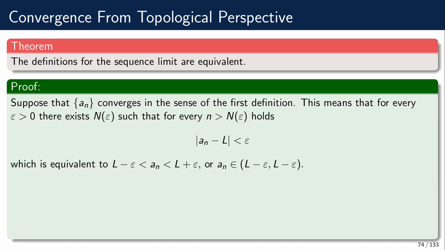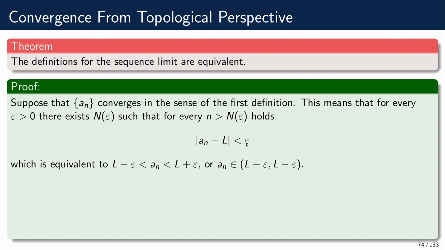And so now when we give two definitions for the same thing, let us show that these two definitions are equivalent. So this is in fact a theorem. The definitions for the limit of the sequence that were given here are equivalent. And let's prove it. So suppose that we have a sequence an that converges in the sense of the first definition. So this means that for every positive epsilon, there exists N of epsilon, such that for every n greater than N of epsilon, |an minus L| is smaller than epsilon.